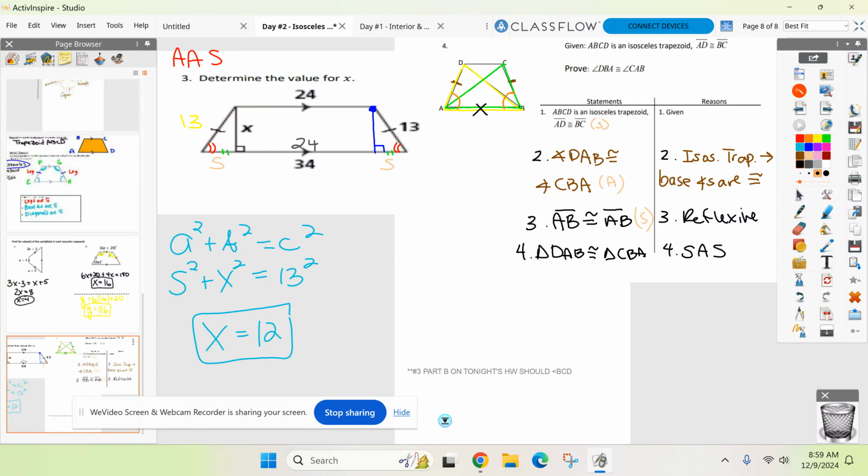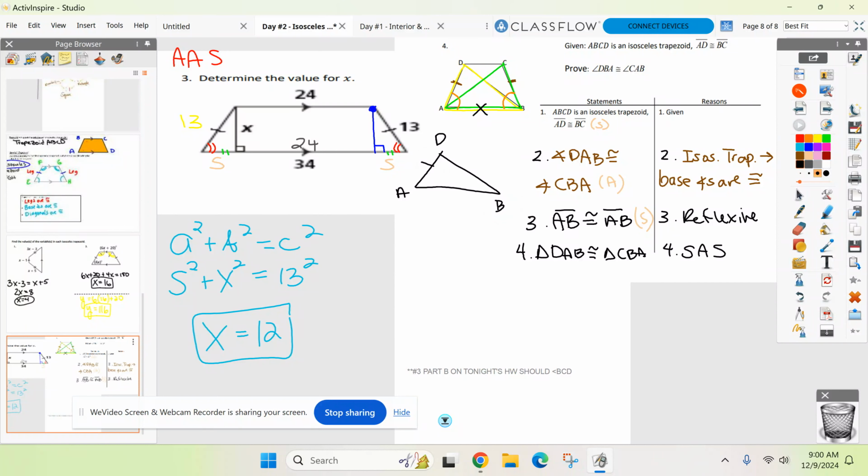I want to stop here in case anybody was thinking, if I called on you, was anybody going to give me maybe CA congruent to DB because diagonals are congruent? That is true, but be careful. I would have to go all 3 sides and say side, side, side. Because if you did that, take a look. Let me draw out DAB.